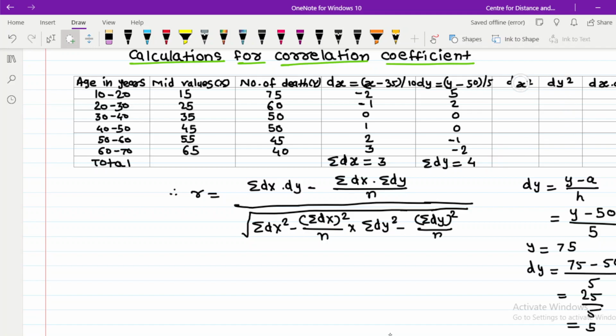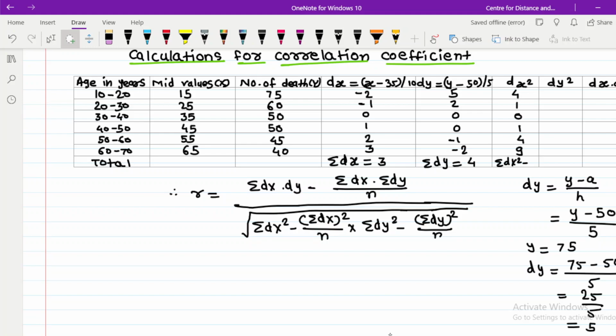In the next column we have to find the value of dx square: minus 2 square is 4, minus 1 square is 1, 0 square is 0, 1 square is 1, 2 square is 4, 3 square is 9.